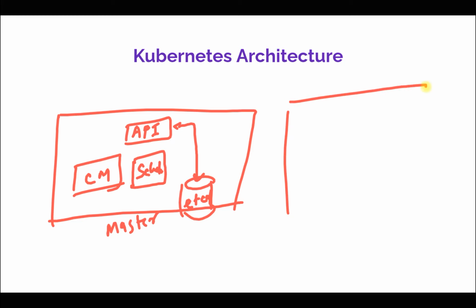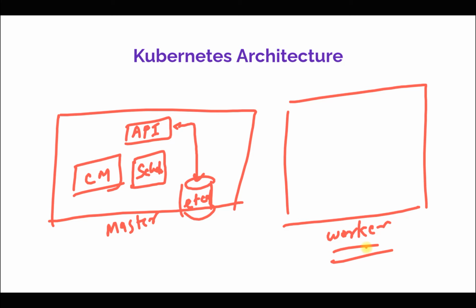Now let's talk about the worker node, how it will look. It can have one or multiple. Let's talk about only one worker node at this point of time; otherwise, you can draw others also. The main components we are having are kubelet, kube-proxy, then we are having the container runtime.